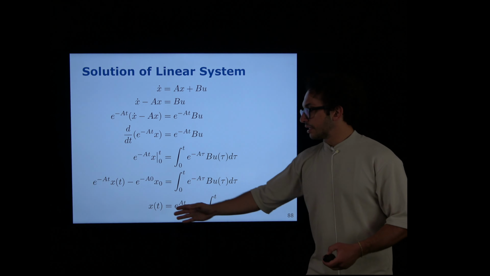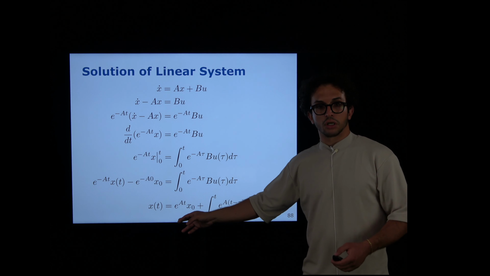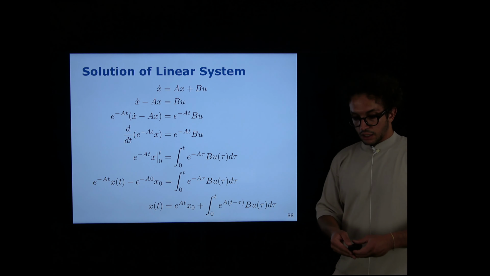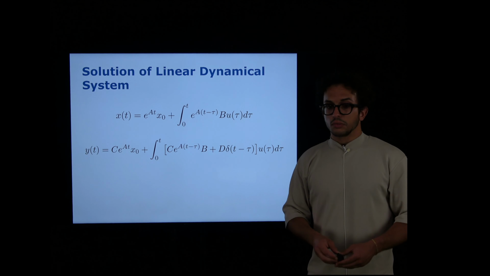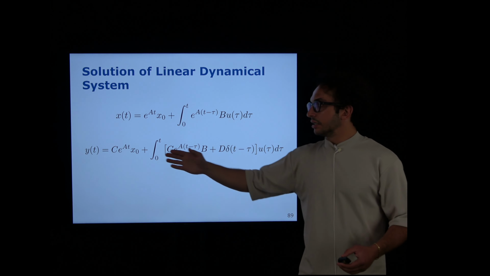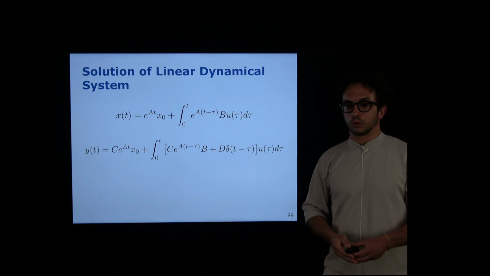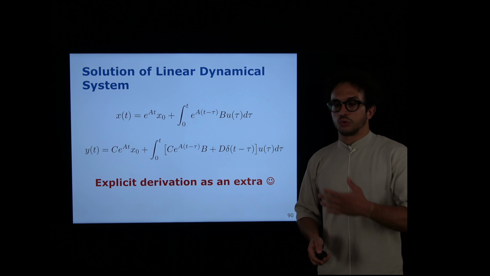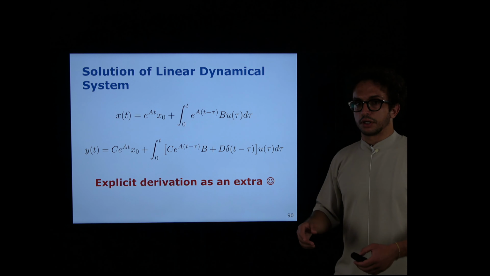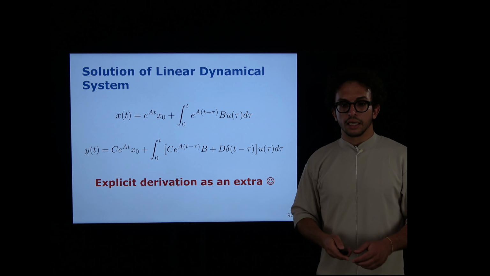But in the end, what we end up with is something like this, that includes an exponential of a matrix and an integral with, again, an exponential of a matrix. And since x is the state and the output is defined in terms of the state, we can also find the output. Now, the explicit derivation will be given as an extra. It is not strictly part of the course, but you're invited to check it out to understand how these equations have been obtained.